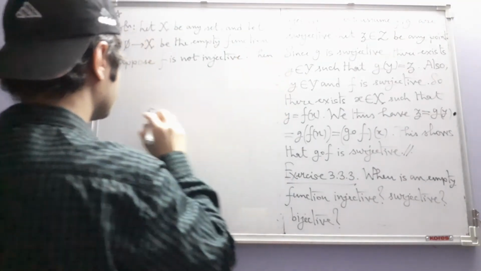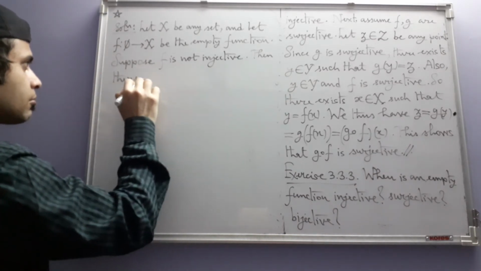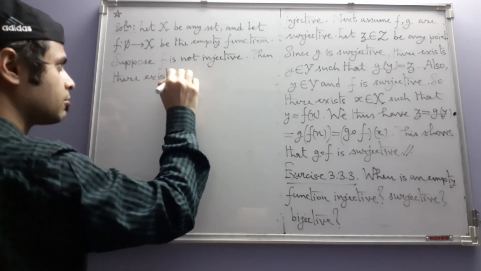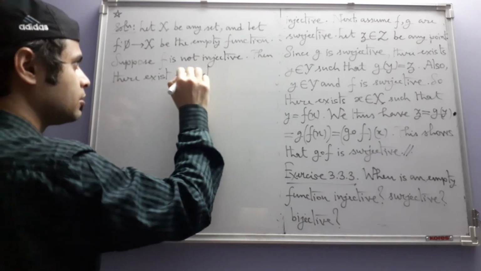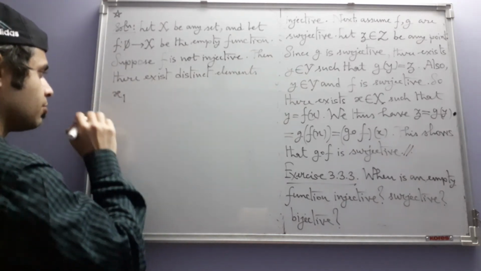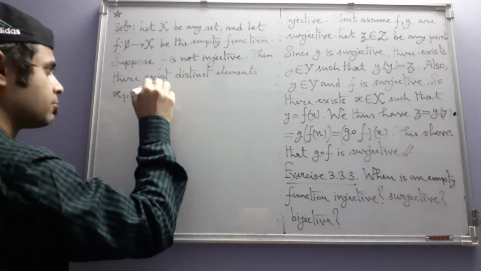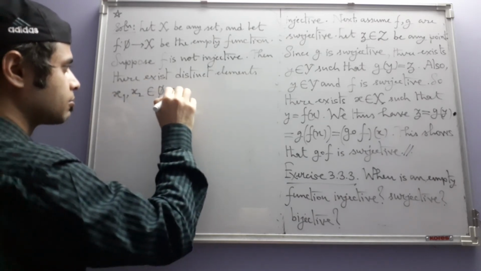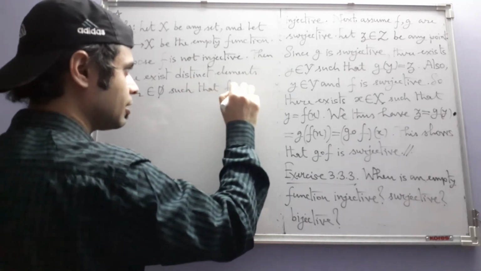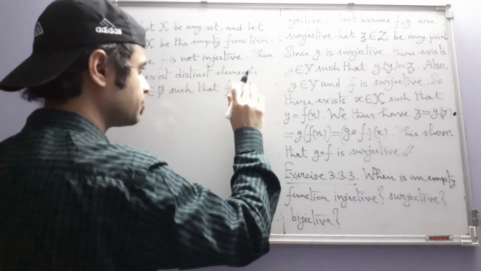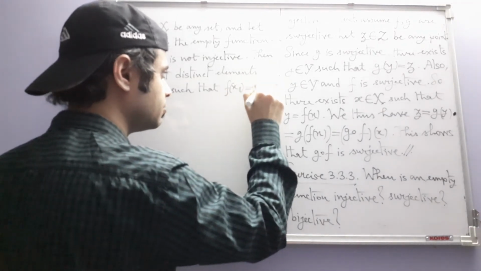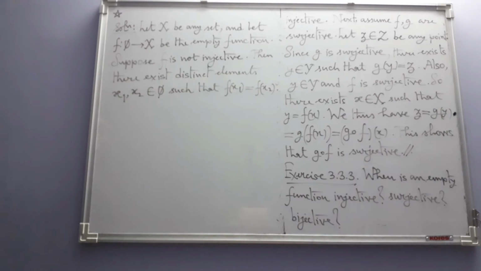Then there exist distinct elements x1 and x2 in the empty set such that f(x1) is equal to f(x2).